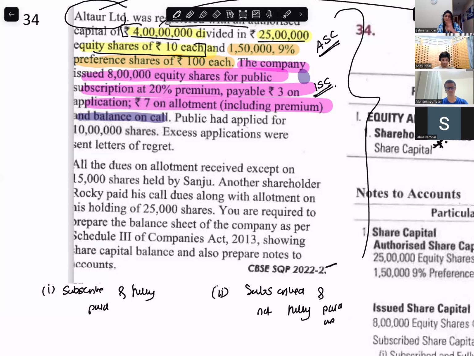Before I go to fully paid up and not fully paid up, let me see if I have called the entire thing or not. However, I know shares are issued at premium. 3 on application. In share capital, does premium ever come?